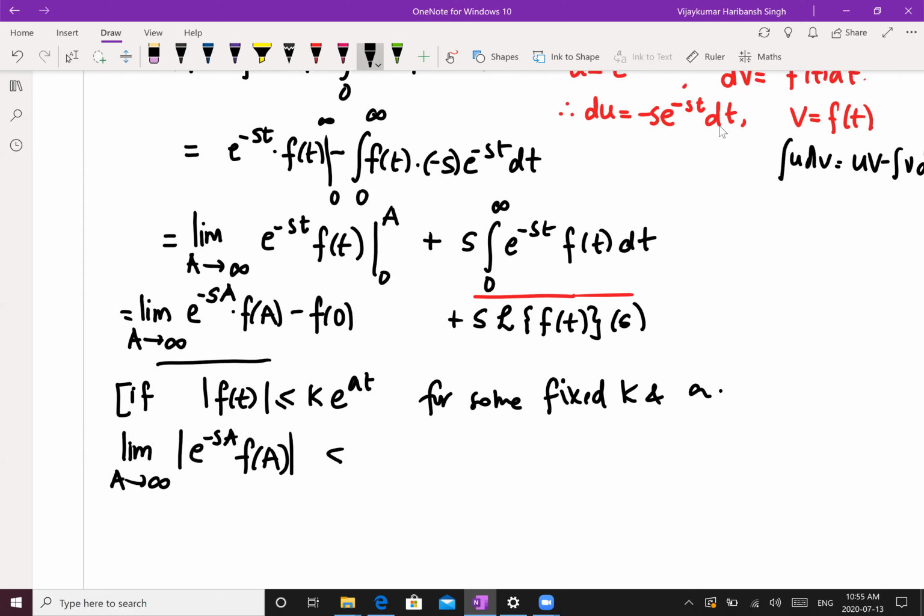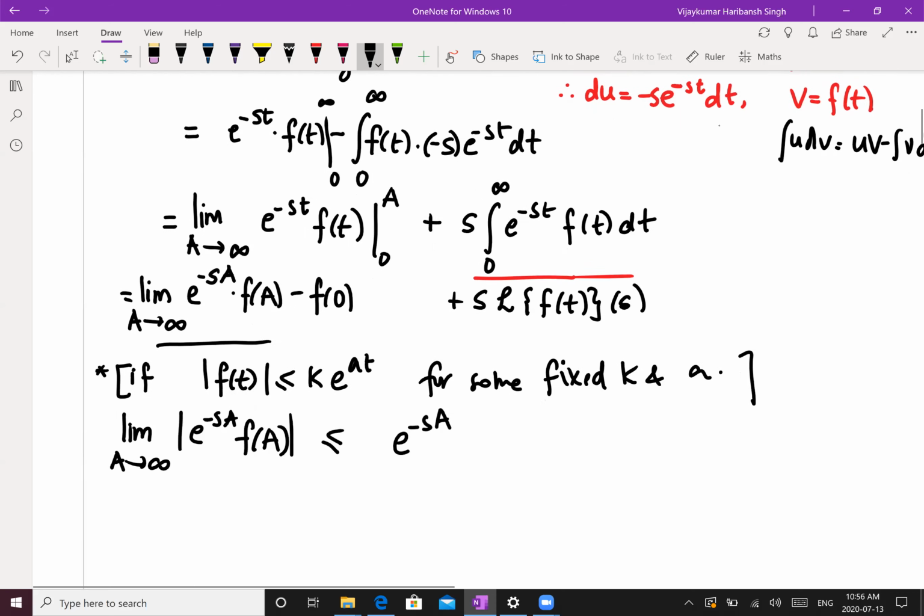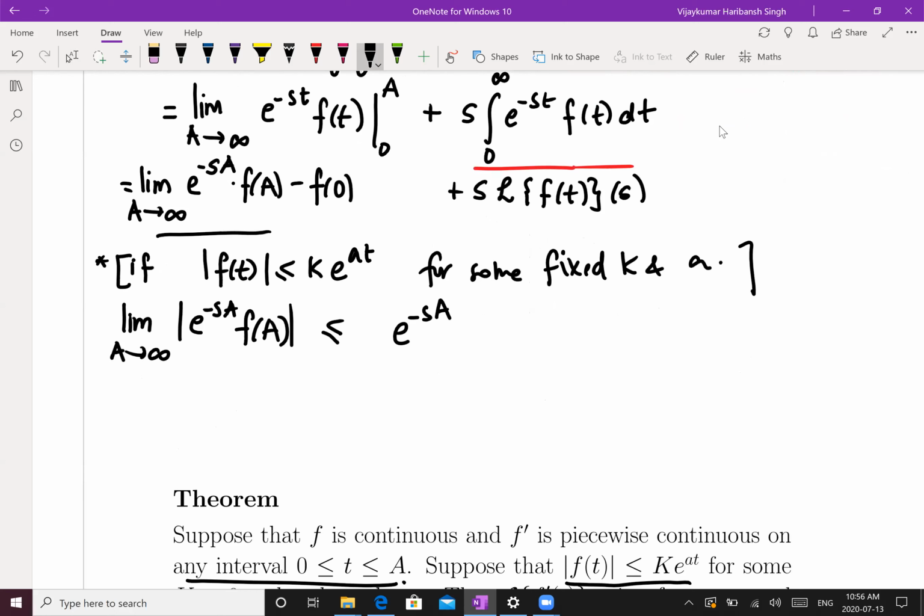If this is true, so this is an extra condition on top of this, we have this is less than or equal to e to the power minus sa, limit as a goes to infinity. And what is f of a? So f of a is bounded by k times e to the power at. So this is what is going to happen.